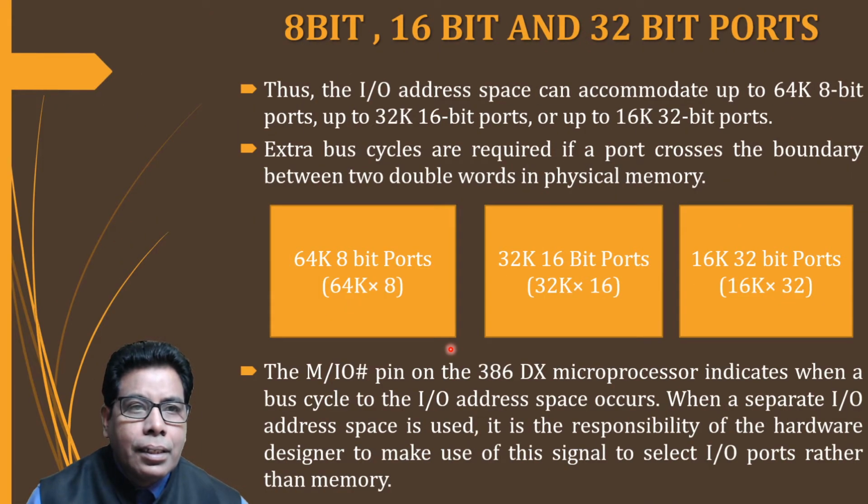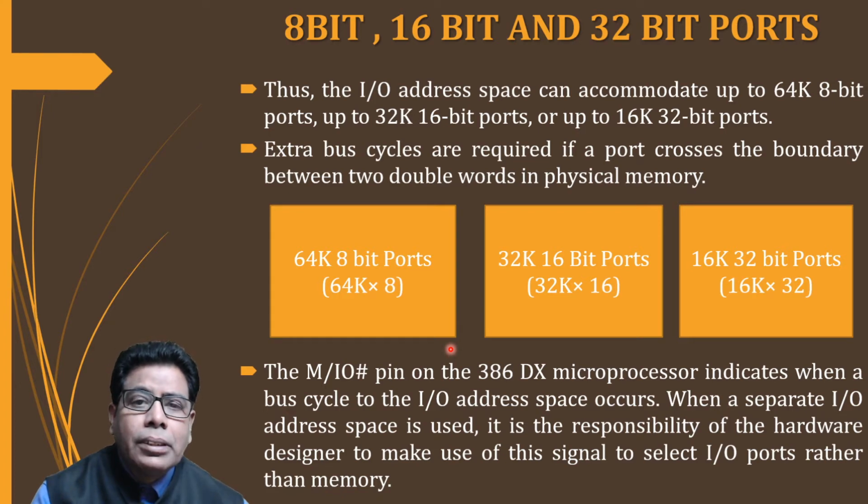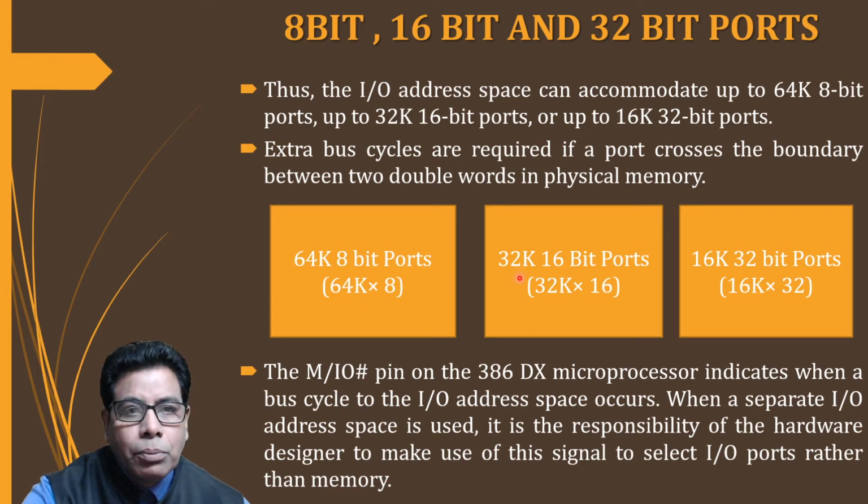Then let us see the 8-bit, 16-bit and 32-bit ports. As we have already seen, the address space can accommodate 64K 8-bit ports. But if we combine 2 ports, it will become a 16-bit port, so it will be 32K 16-bit ports.